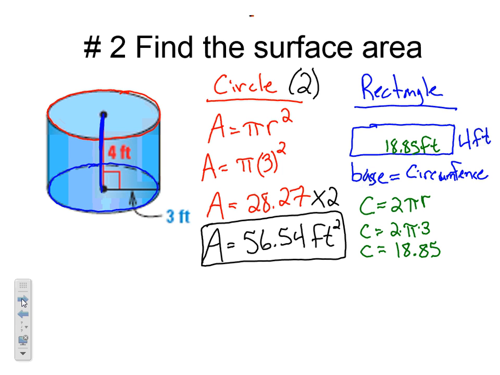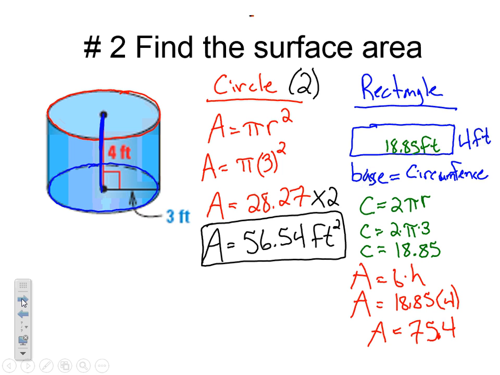Once I know my base and my height, I can plug it into my formula. Area equals base times height. So area equals 18.85 times 4. The area of my rectangle is 75.4. Now this one, I'm only going to have one rectangle, so I don't need to multiply by anything.